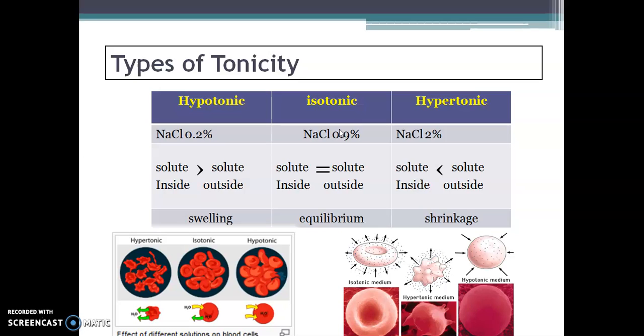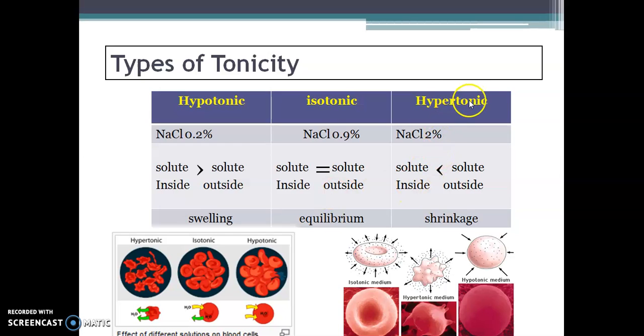For example, a 0.9% solution of normal saline is isoosmotic with the blood plasma. The solute inside is equal to the solute outside, and that attains equilibrium.